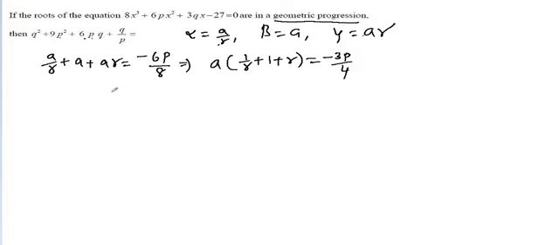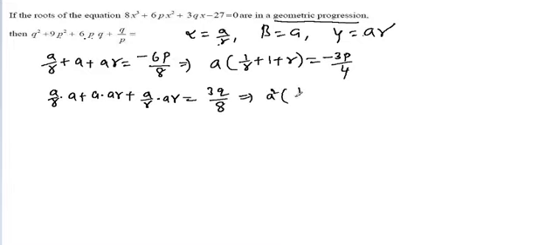and the product of the roots taken 2 at a time, that is a by r into a plus a into ar plus a by r into ar is equal to 3q by 8. So taking a square common, that is a square into (1 by r plus 1 plus r) is equal to 3q by 8.